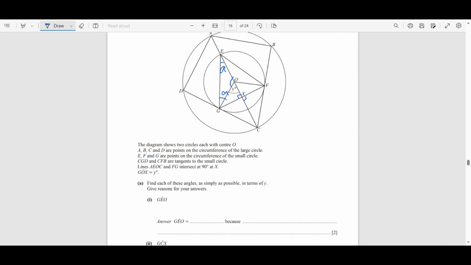And this angle has to be 180 minus Y, because this is whole 180 degrees. So we know that A plus A plus 180 minus Y should be equal to 180, because the 180s are cancelled. 0 is equal to 2A minus Y. Because we were interested in angle GEO, just GEO is angle A. So it's 2A equals Y and A is half of Y.